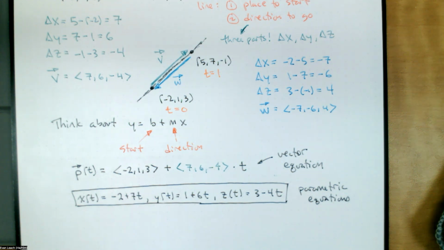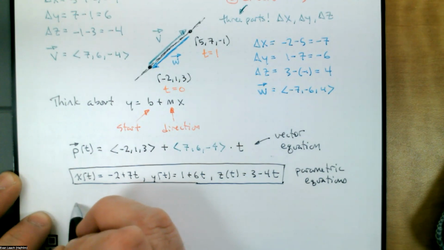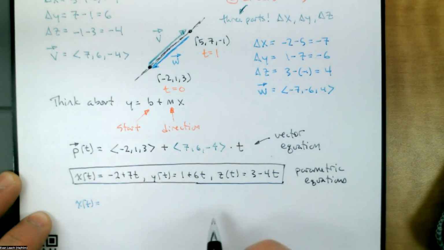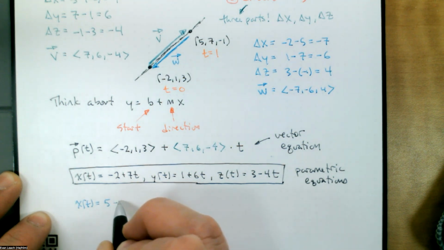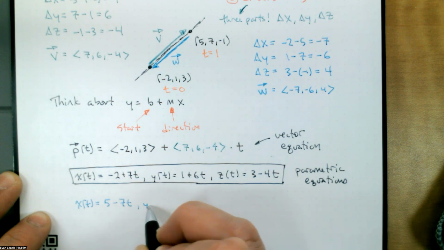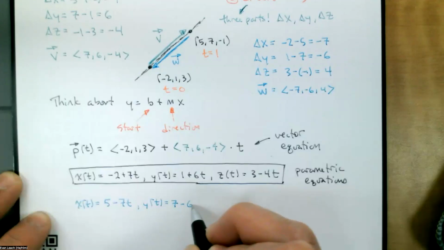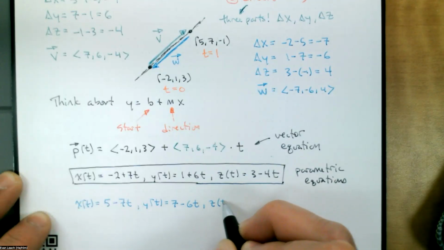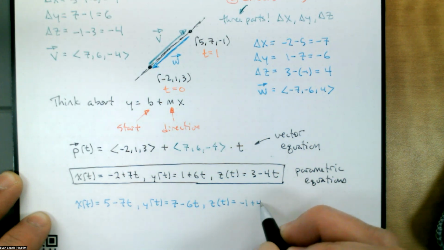These aren't the only parametric equations that we could use to describe this line. There's one other obvious choice, and that would be using the vector w, starting off at 5, 7, -1, and just going the opposite direction. So in some alternate reality, there's some version of Professor Leach that's doing this backwards. x of t is 5 minus 7t, y of t is going to be 7 minus 6t, and z of t will be -1 plus 4t.